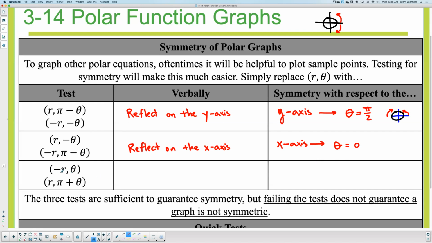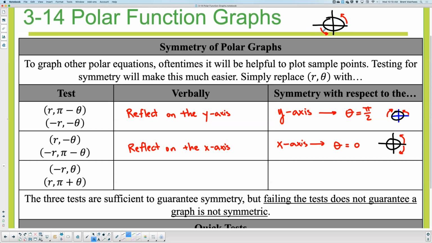Finally, if this is true, here's what that means. Here's what this last one's telling you. If you had your normal graph, and you kept the angle the same, so I'm still going this way, but I get negative values now, which means you go away from it. So as you go along, my graph should be going this way.